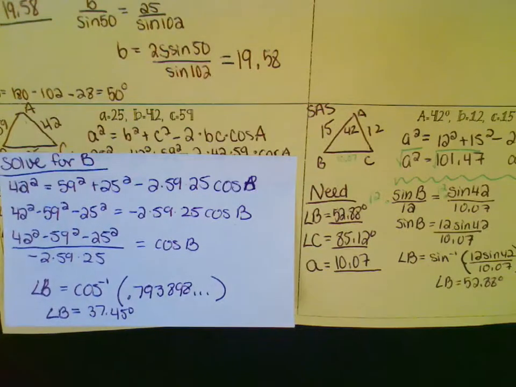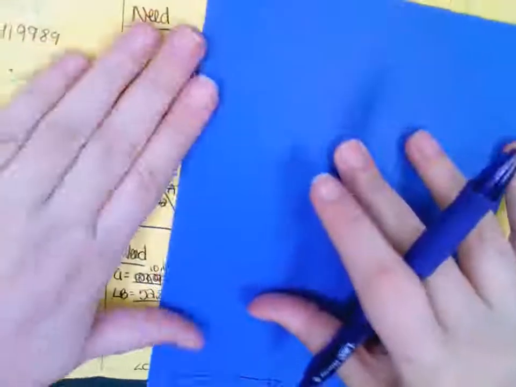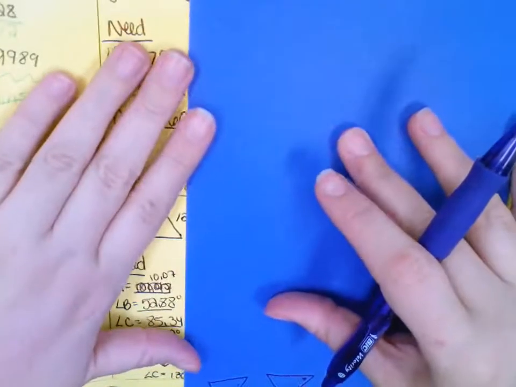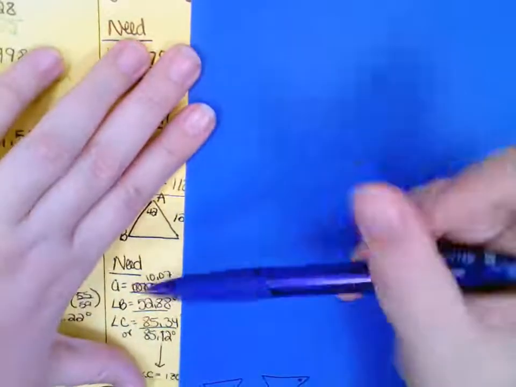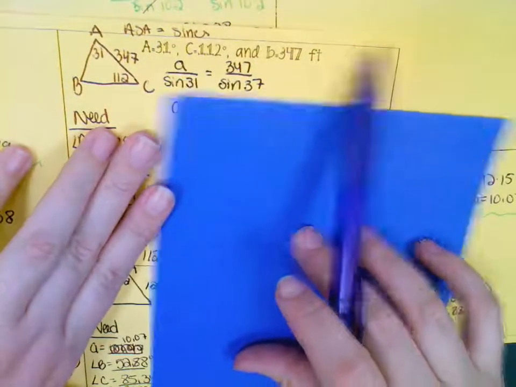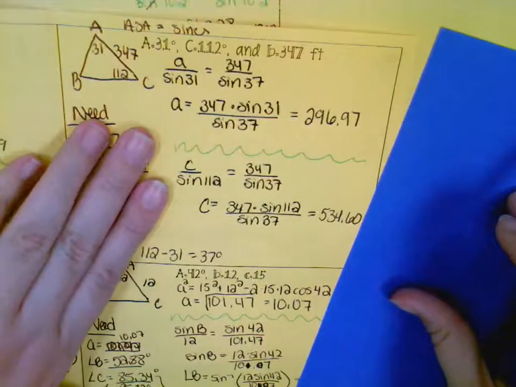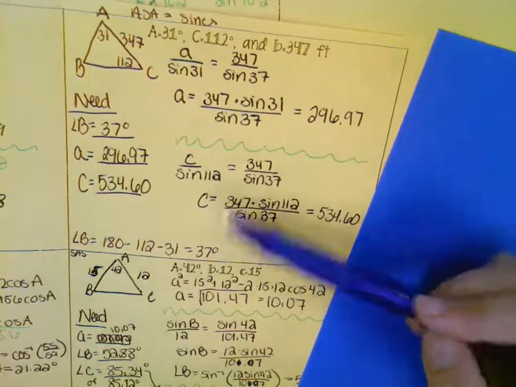Okay, so for that one, we were given angle, side, angle. So that means it is the law of sines. So this time we're looking for angle B, which is kind of what we did down at the bottom. So, oh, JK, I did side A first. Oh, angle B can be just subtracted from 180.